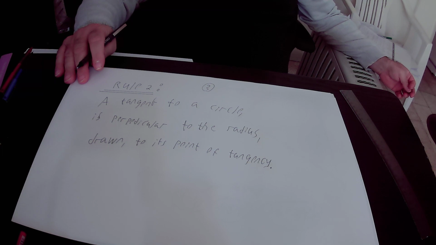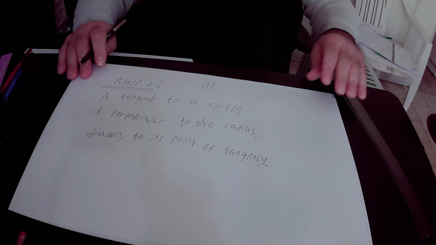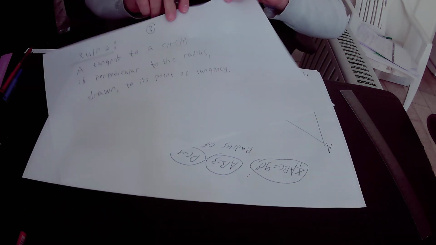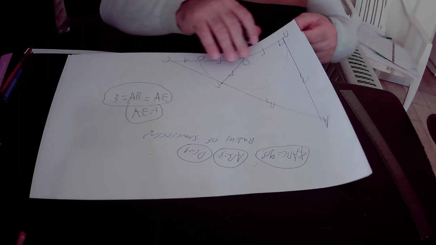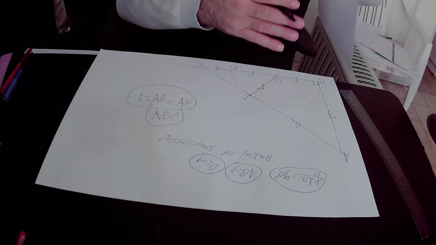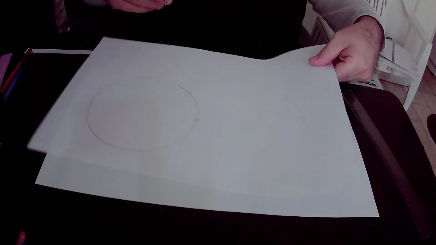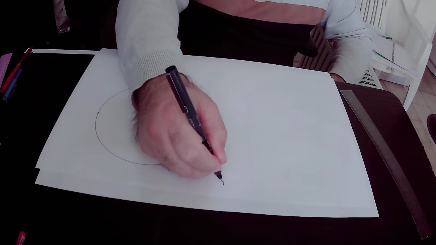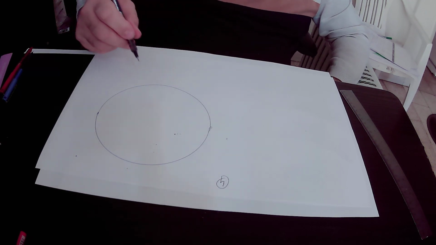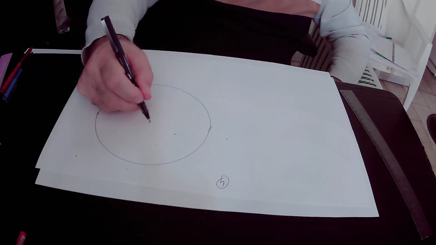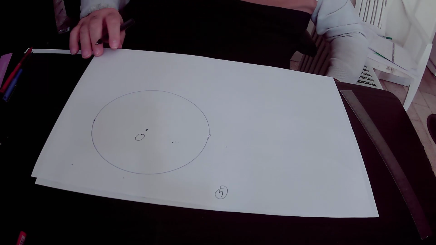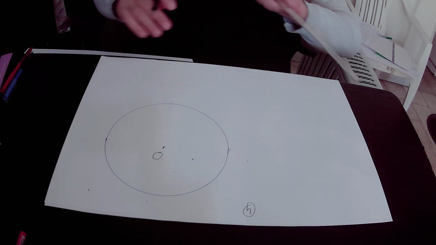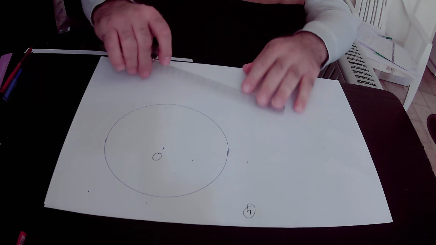So what is the meaning of rule number 2? The meaning is that if you have this blue circle, and the center of this blue circle is at this point, we'll define the center as point O, and we have a tangent to this circle.